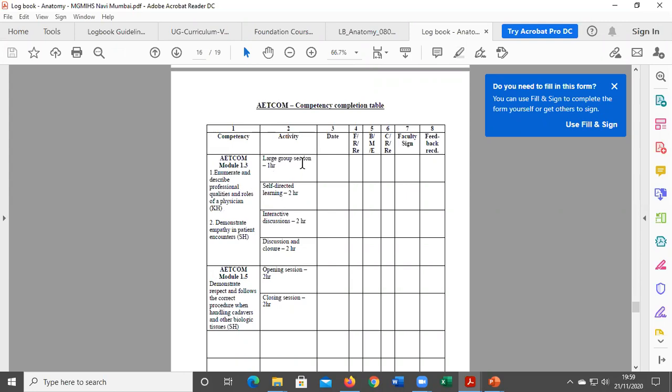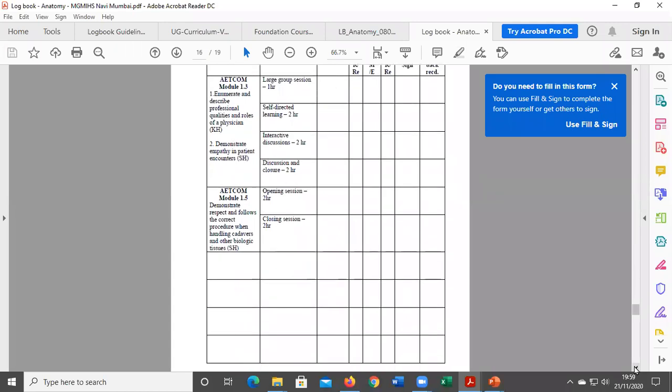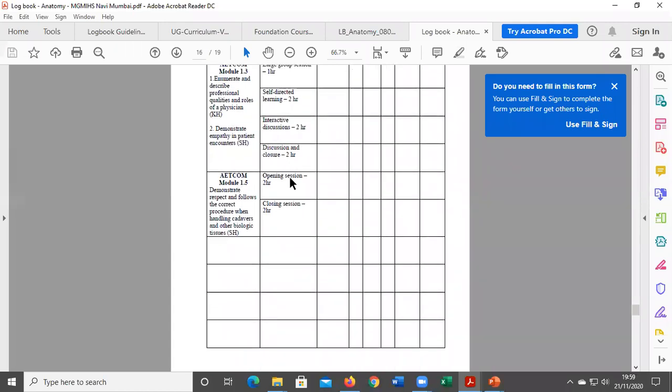And they have given the activities as per the instructions given for the particular module, which date the activities were done, and how the competencies were achieved by observing interactions of the students. Then cadaver as our first teacher, opening session and closing session.